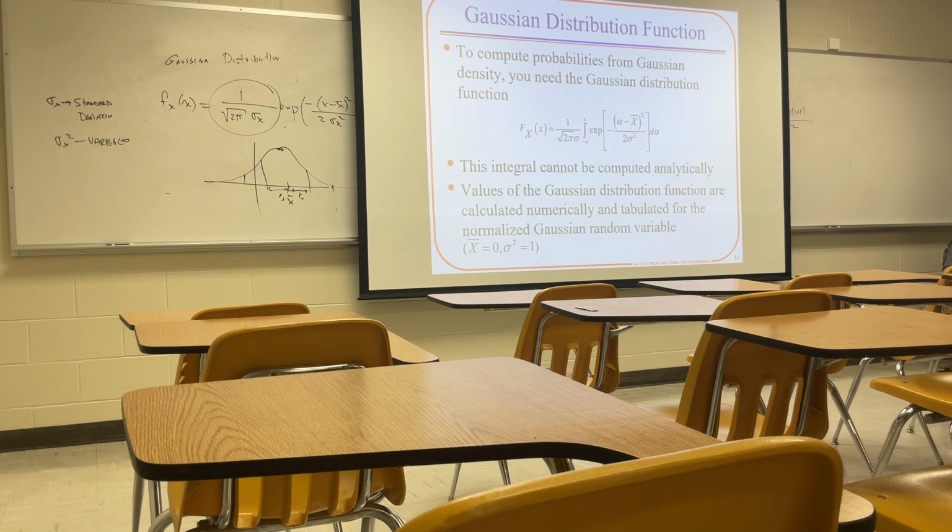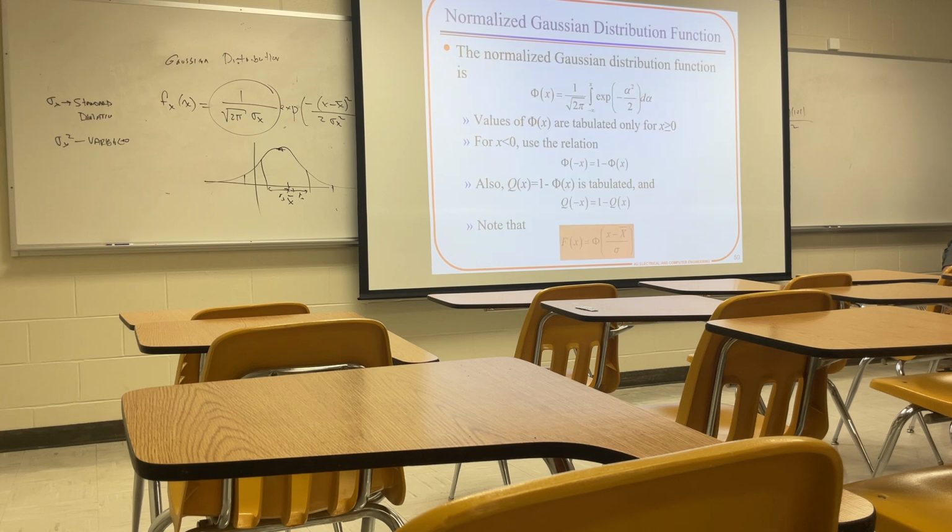Here's the distribution I put up integrated, so this is the cumulative distribution function. I think you remember me putting this up a second ago. I was just telling you that's the obvious fact. Now, this is important. The normalized Gaussian distribution is this.